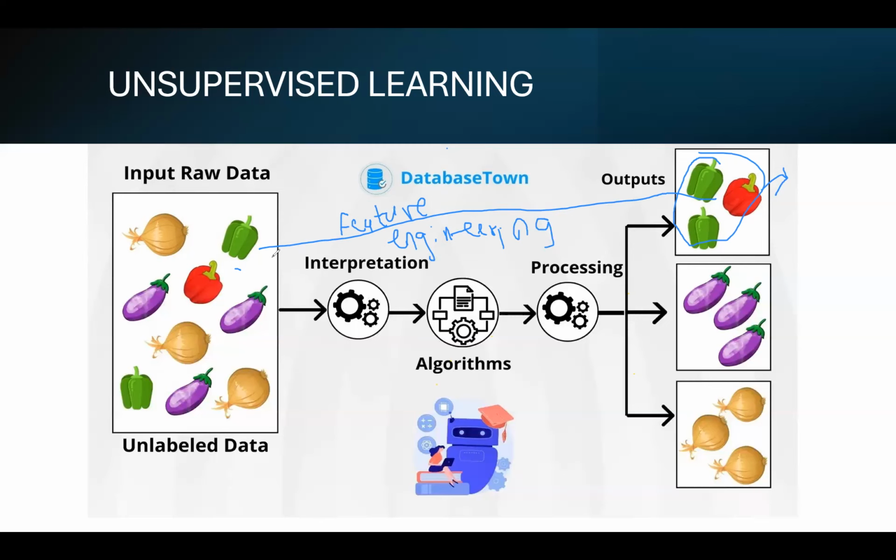For banana and plantain, you can say the weight can be a difference, because plantain is usually bigger, or the stem of the plantain is longer. So you can create more features that help the computer know those differences. Okay, is that clear?